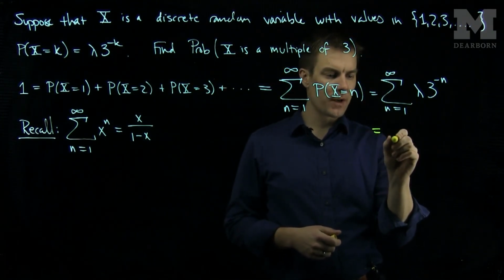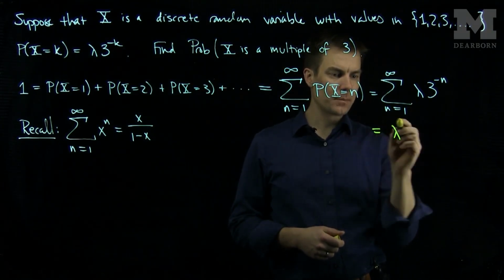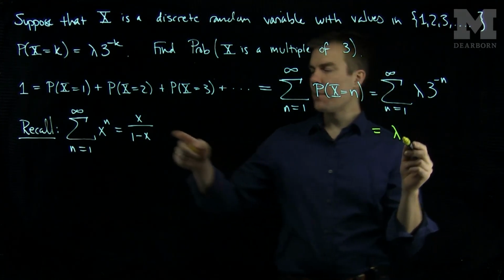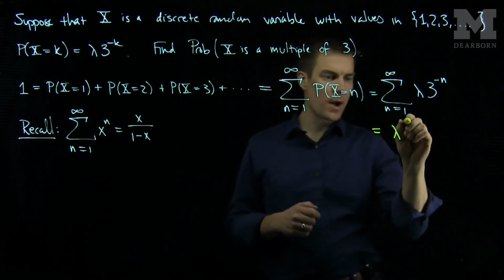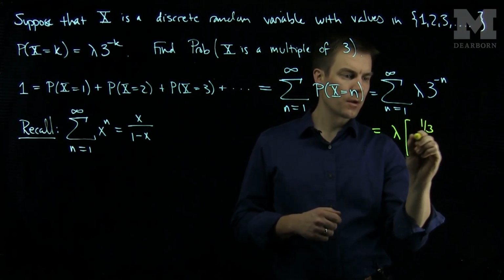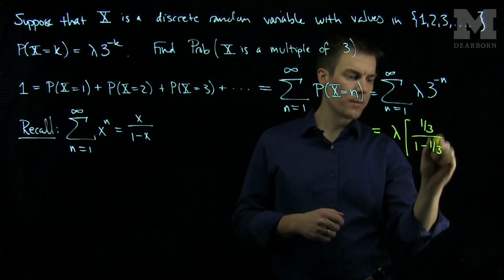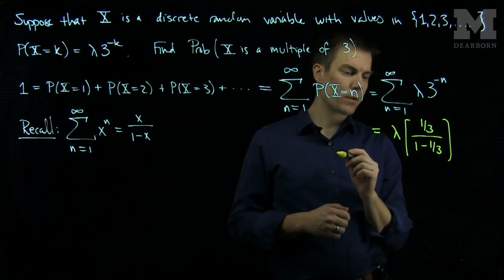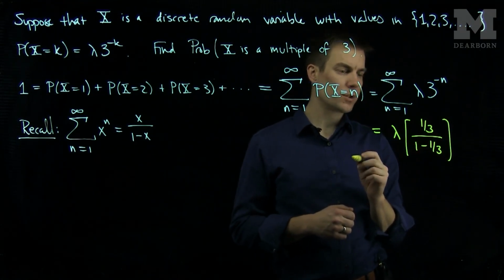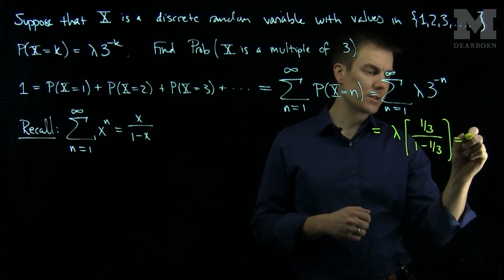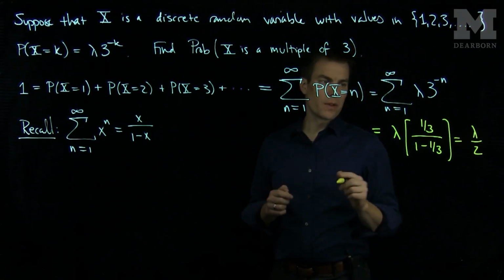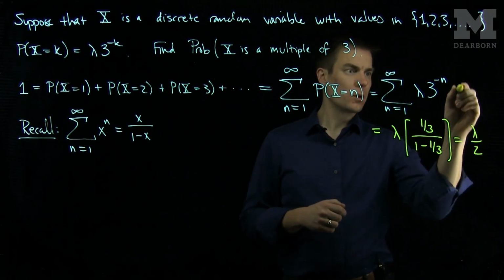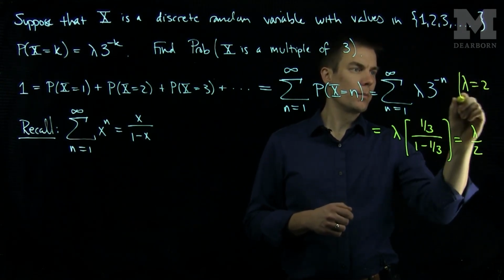So this will simplify to lambda, and now my value of x is 1/3. If I plug in x equals 1/3, we'll get 1/3 over 1 minus 1/3. So this is 1/3 over 2/3, which is just equal to 1/2. So this is lambda over 2. If lambda over 2 is equal to 1, that tells me that lambda has to be equal to 2. So lambda for us will be equal to 2.